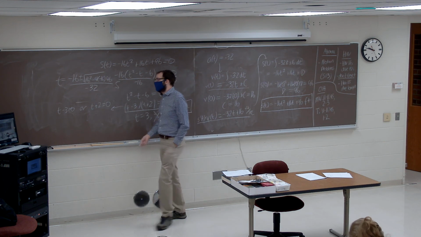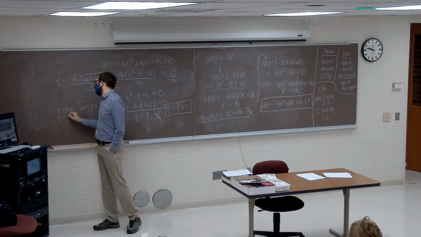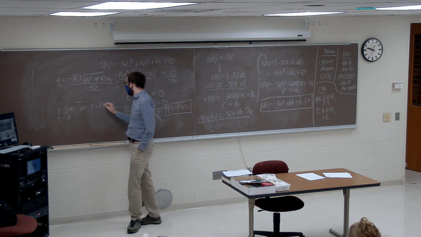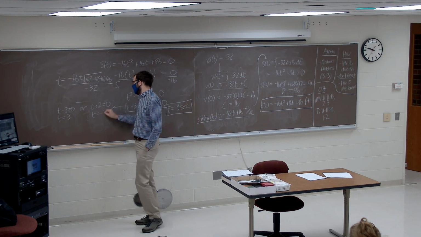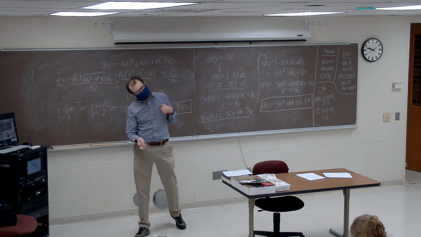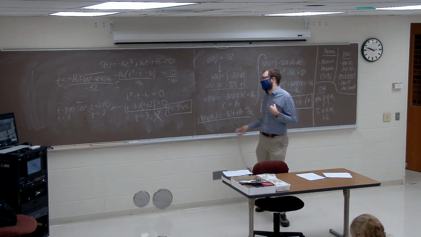And then if you solve for t in either of these cases, t minus 3 equals 0 has a solution of positive 3 for t, and t plus 2 equals 0 has a solution of negative 2 for t. Does that make a bit more sense? It comes from the fact that you're setting these equal to 0 and solving for t.